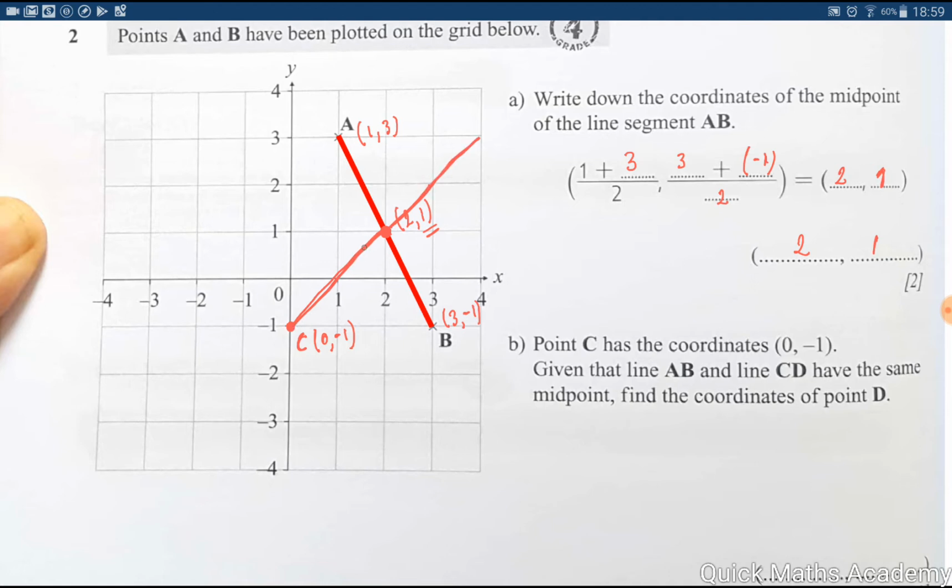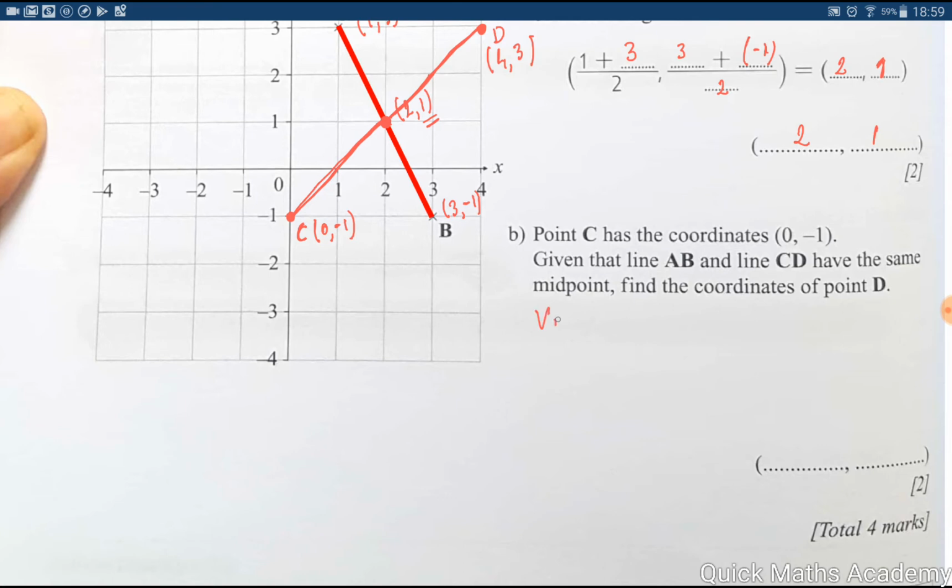I had two diagonals to reach that midpoint, so I will have two diagonals to reach my point D. The distance must be the same from one extremity of the segment to the midpoint and from the midpoint to the other extremity. So visually I can see immediately that the point D has coordinates 4, 3.